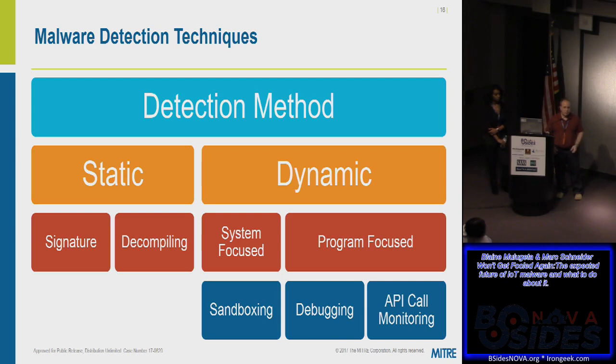Static takes a look at the binary image and either does some sort of signature matching, or it does some decompilation of that, then either does signature matching against a higher level abstraction, or when security researchers are looking at malware, they do the decompilation. That would be static detection and analysis.